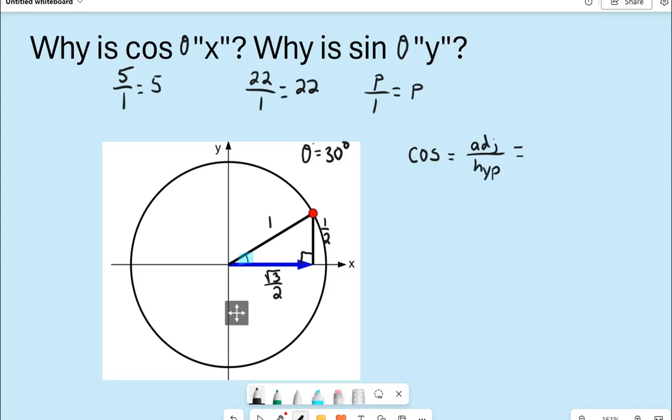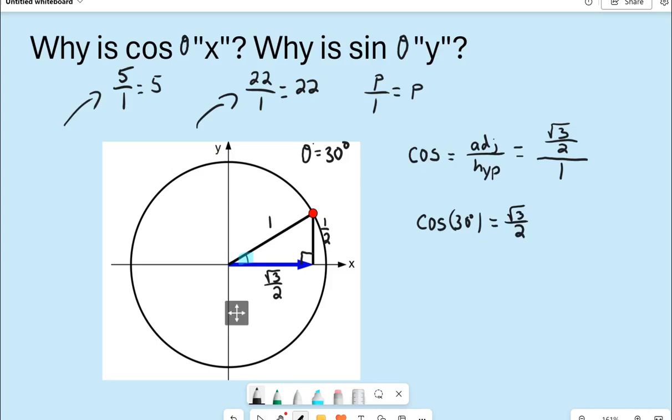That would be √3/2. And what's the hypotenuse? The hypotenuse is 1. And what is anything divided by 1, as we see up here? It's itself. So cosine of 30 degrees is √3/2 divided by 1, which is just √3/2.